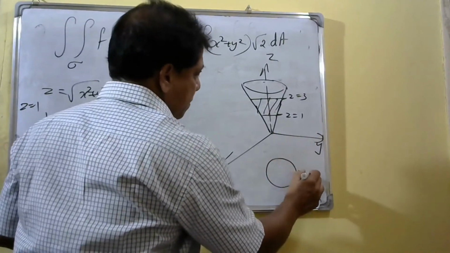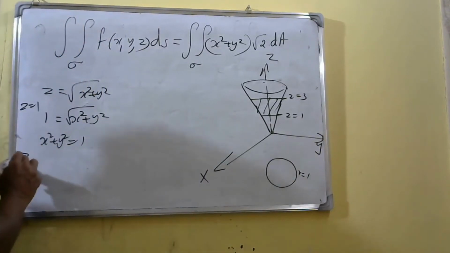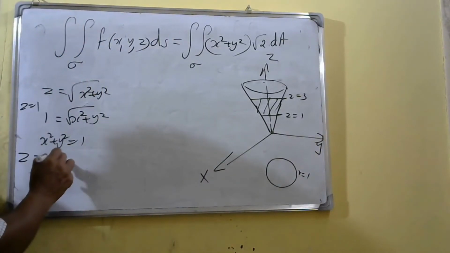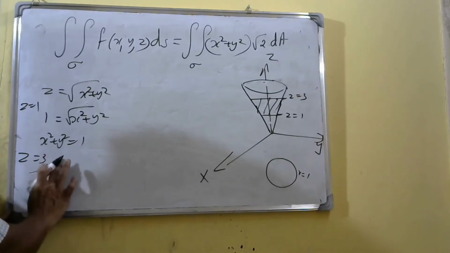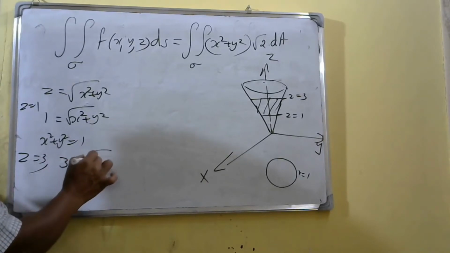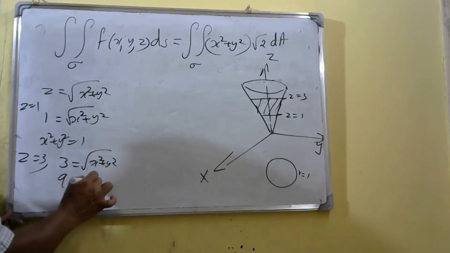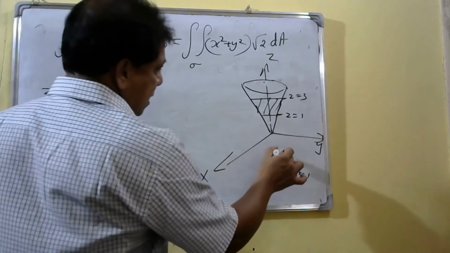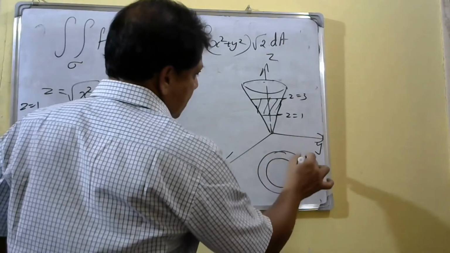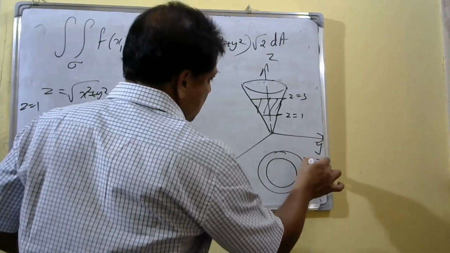When z is equal to 3, 3 is equal to root of x square plus y square. Therefore, 9 is equal to x square plus y square. This is another circle, with r equal to 3.